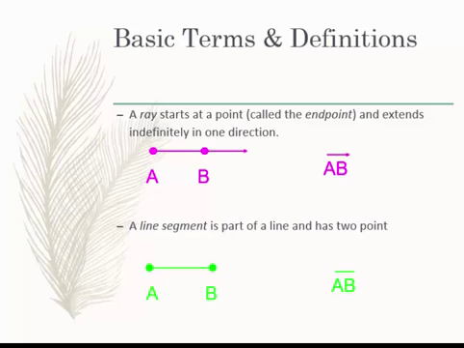And when we're writing this, if I'm talking about a ray in a sentence, I can't just stop in the middle of a sentence, draw a graph, and then draw a ray, and then start moving on with my sentence again. I have to be able to either verbally say it, or write it down.